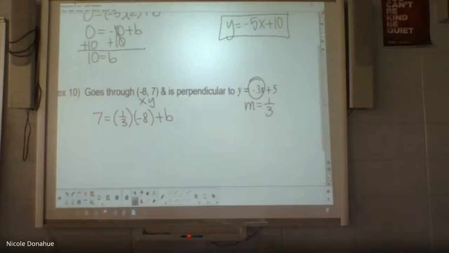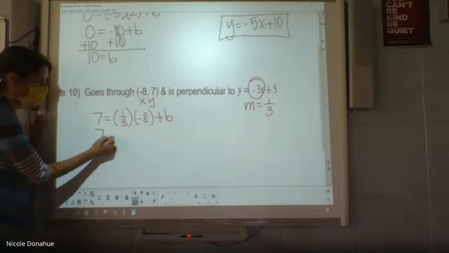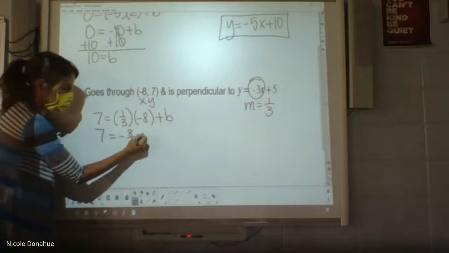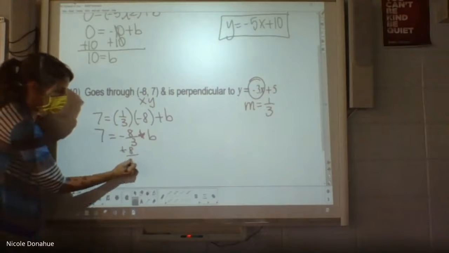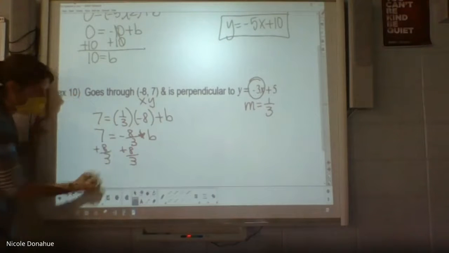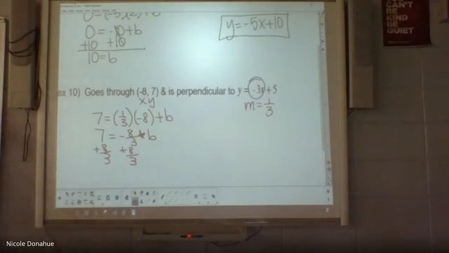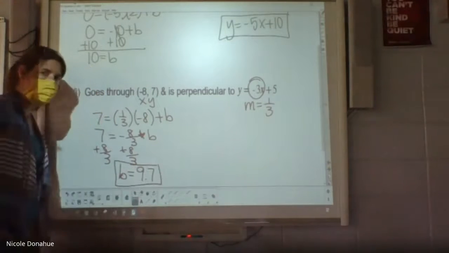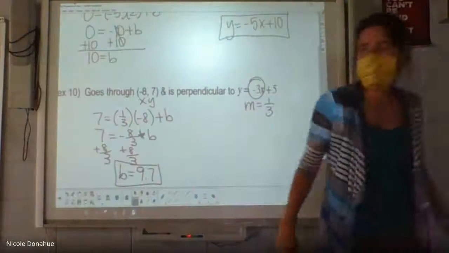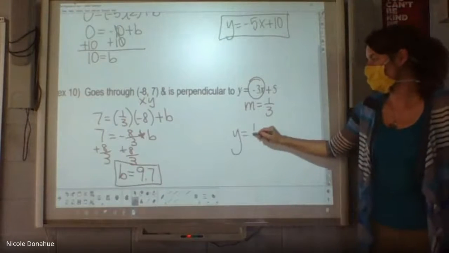The -8/3 right now, I can add that over to the other side, but I have to do some rounding. That should be plus b. So 8/3 is like 2.7-ish. So I'm adding 2.7 to 7, so it's going to be about 9.7 for my b. So it's okay for it to be a decimal. Don't think you did something wrong just because it's a decimal.